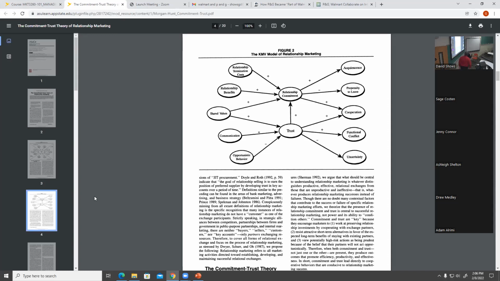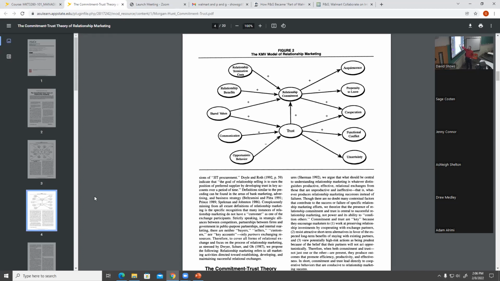Sorry if I go on about this, but I want you to understand that these ideas are backed up by scientific work and scientific evidence. So when you look at opportunistic behavior, shared values, relationship benefits, they're actually very real things that we're measuring.